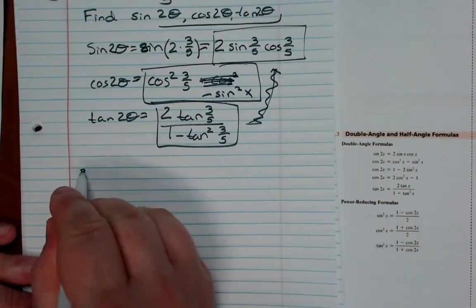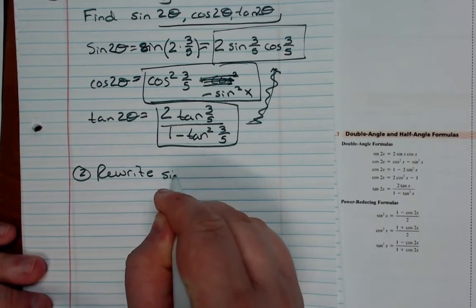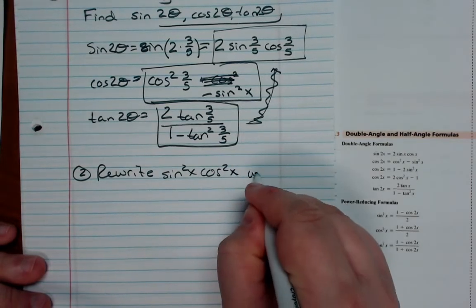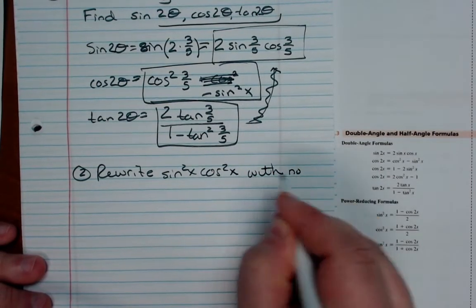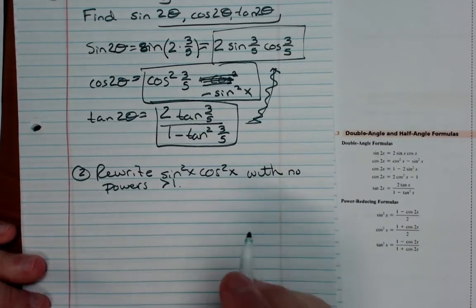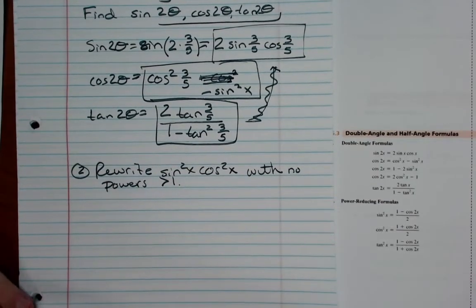Our second: rewrite sine squared x cosine squared x with no powers greater than 1. And so here we need our power reducing formulas.